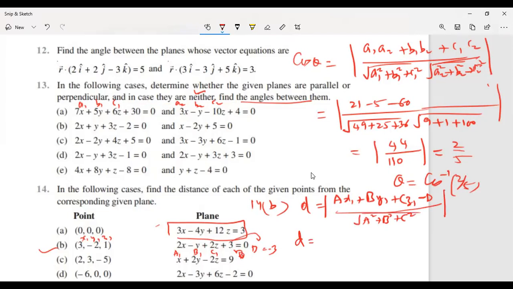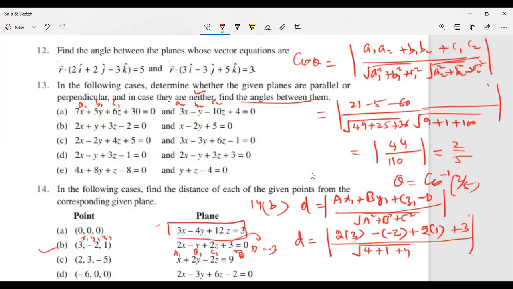So therefore, in this question number b, what is a? A is 2. x is replaced by 3, minus y is replaced by minus 2, and plus 2z, z is replaced by 1, and plus 3, d you bring to the left hand side. Then under root a square plus b square plus c square means 2 square 4 plus 1 square 1 plus 2 square 4.